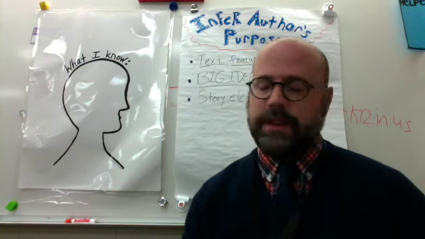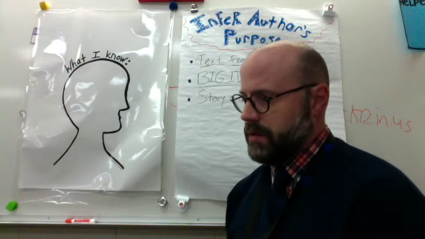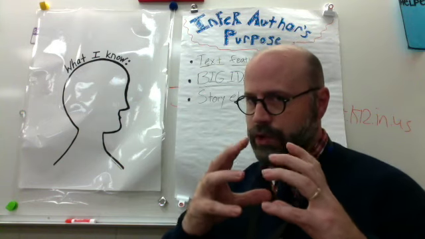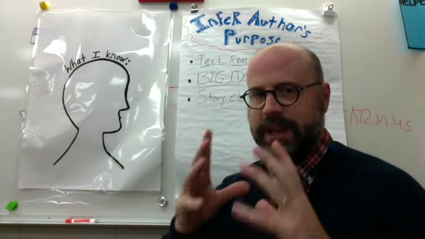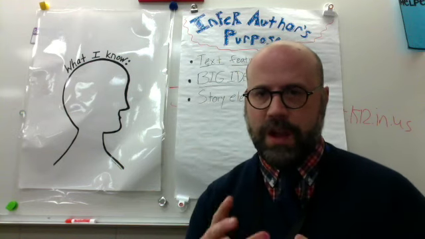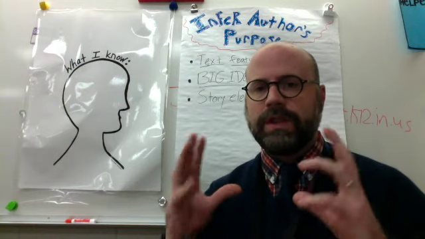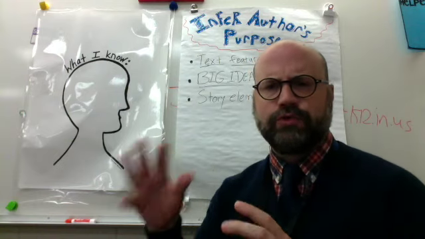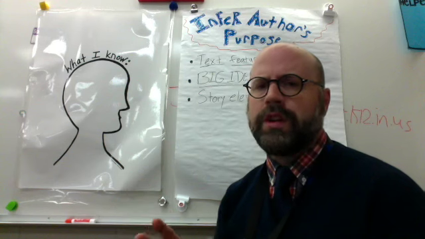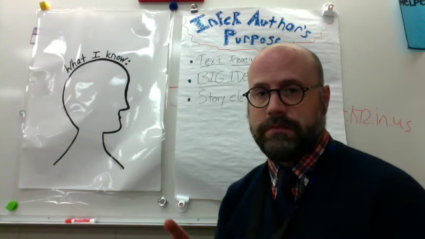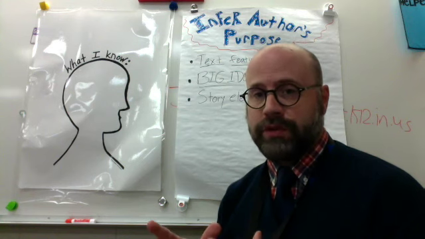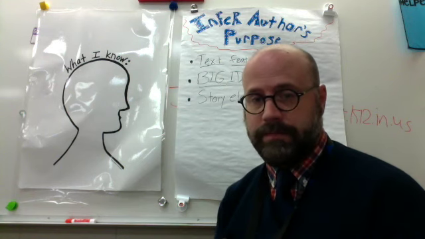So first and foremost, remember, text clues plus background knowledge equals an inference. My absolute number one thing that I am drawing upon, the background knowledge I am drawing upon for this lesson, is the fact that Buzz Aldrin is a famous astronaut.